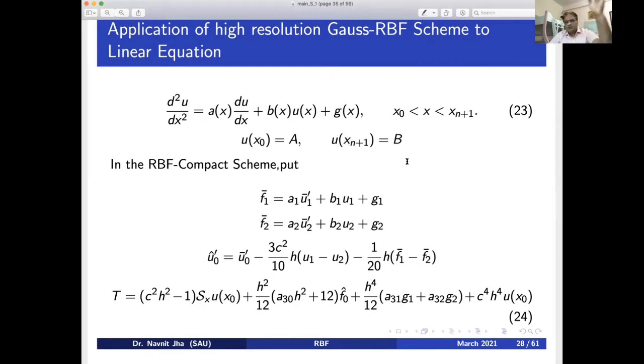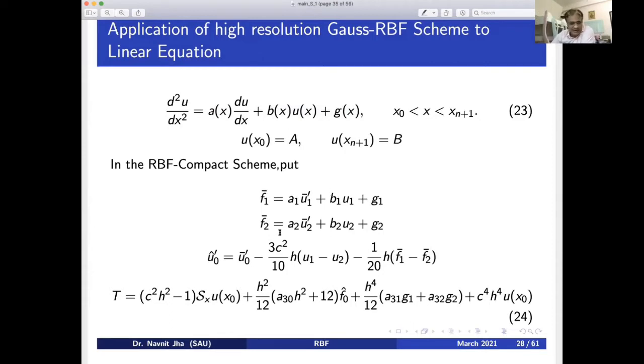Now just use what I have derived. Earlier I derived f bar equal to function of x, u1, u1 bar. So what is f here? Here f is basically this one. So put a1 in place of du by dx, put u bar prime, b1 for b, u1 for u, and g1 for g, where of course it is understood that a1 is the value of a(x) at x1, and x1 is x naught plus h.